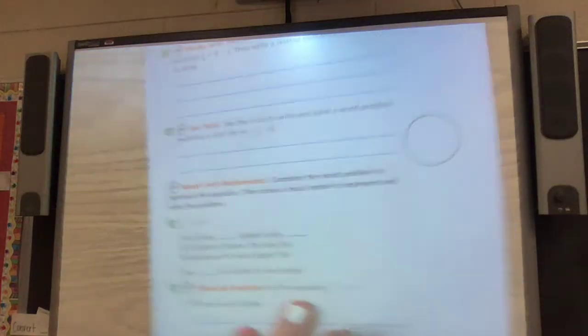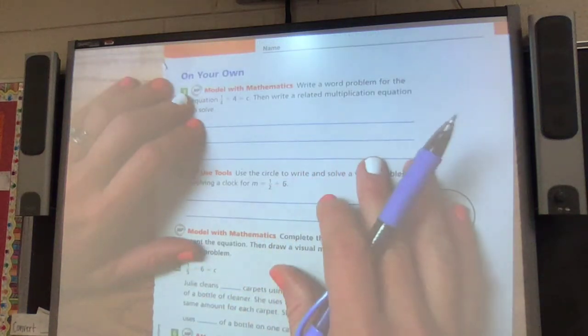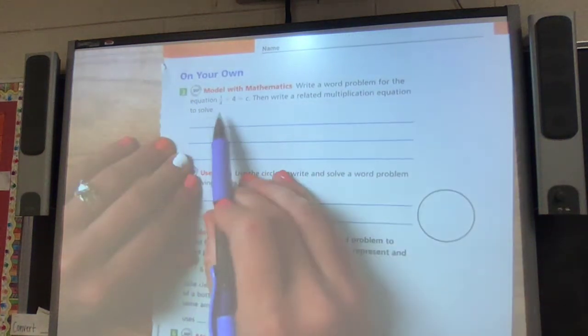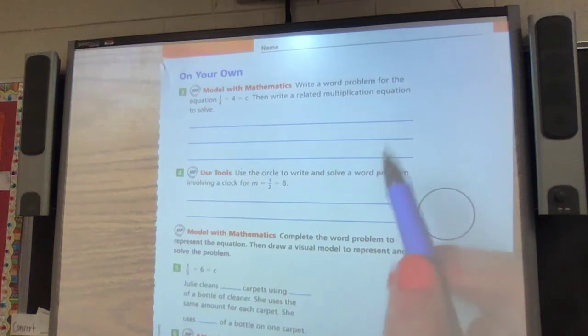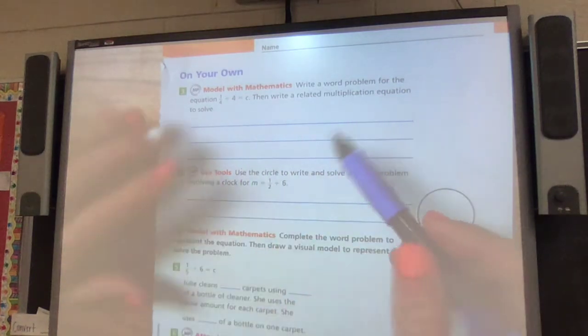Okay. Let's look on the next page. We're going to do a few here. Write a word problem for a fourth divided by 4. Then write a related multiplication equation to solve. Okay?